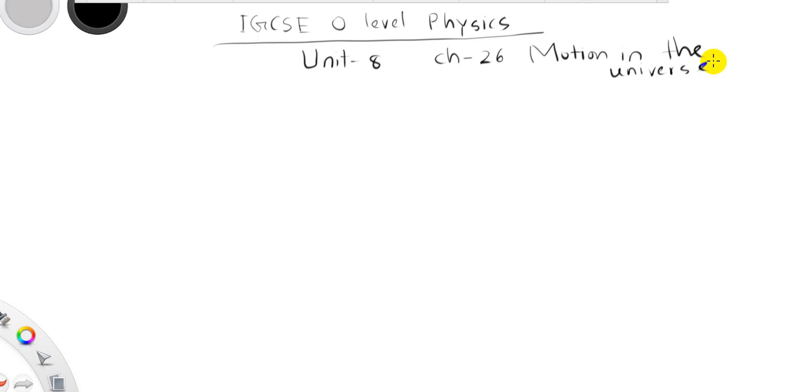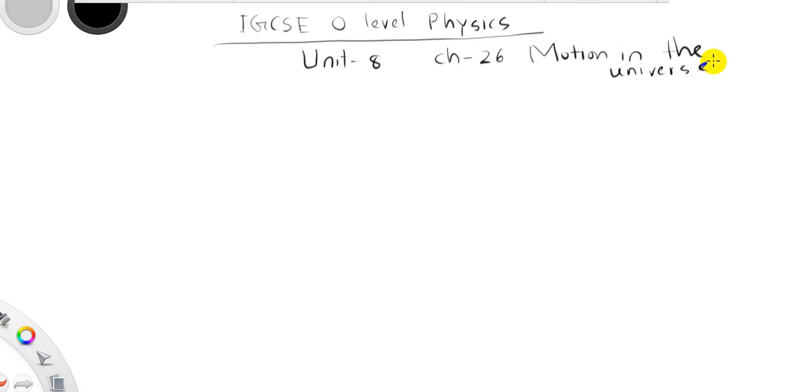After finishing this chapter, we can explain that gravitational force causes moons to orbit planets, causes the planets and comets to orbit the sun, causes artificial satellites to orbit the earth. Understand why gravitational field strength g varies and know that it is different on other planets and the moon from that on the earth.